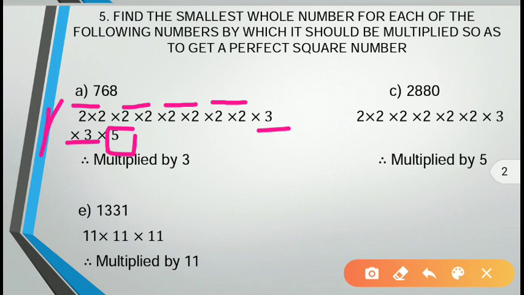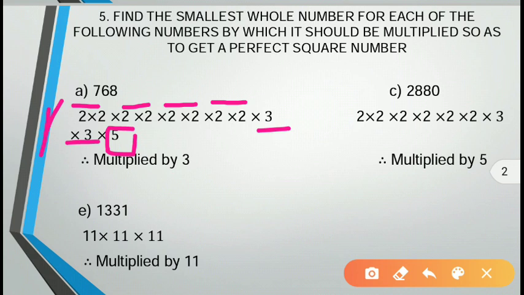Suppose in this prime factorization you had one more 5, then this would become a perfect square, because all digits would have their pair. But in this 768, 5 is alone. No pair is there for the 5.